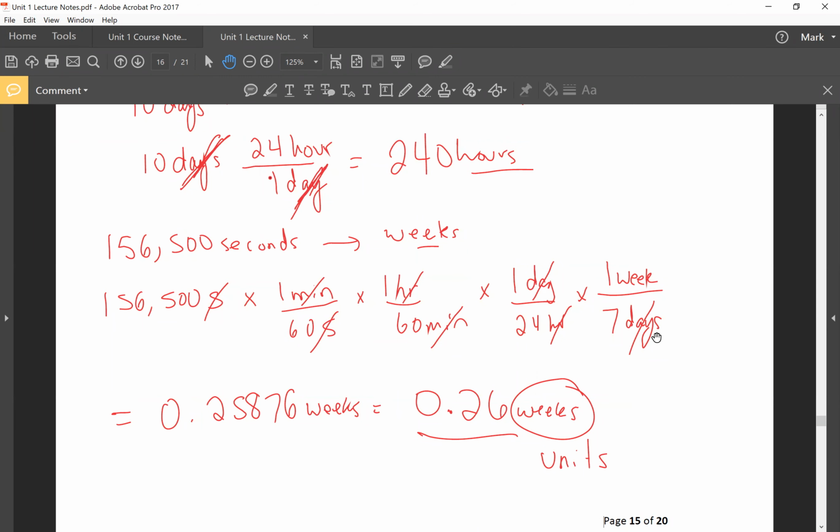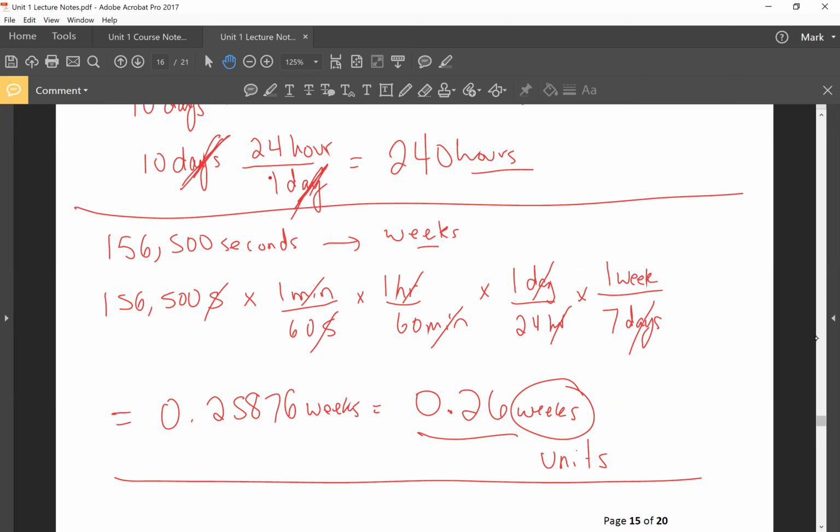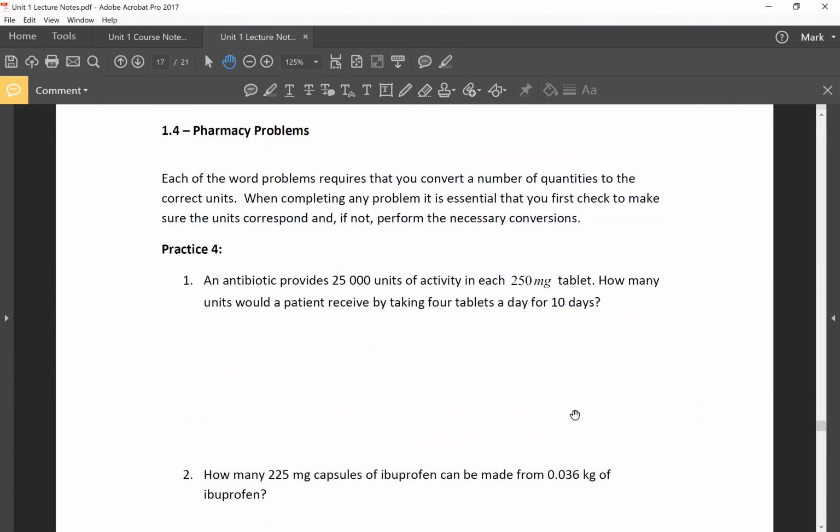So keep your units and keep a couple decimal places. But don't worry, again, this isn't chemistry. I'm not going to go too crazy with sig figs, but I got to see those units. Again, taking a pill for a day is a lot different than taking a pill for a week. So keep your units, please.